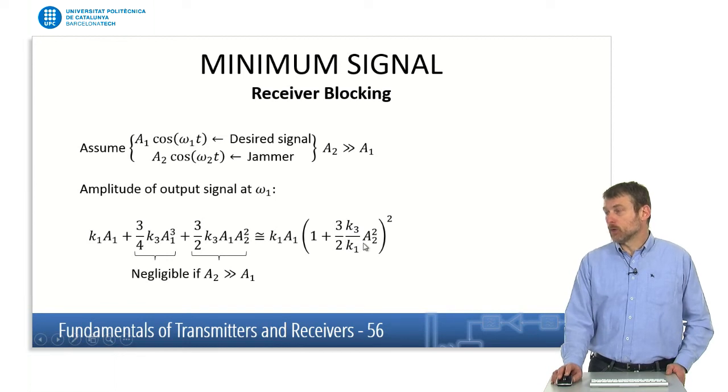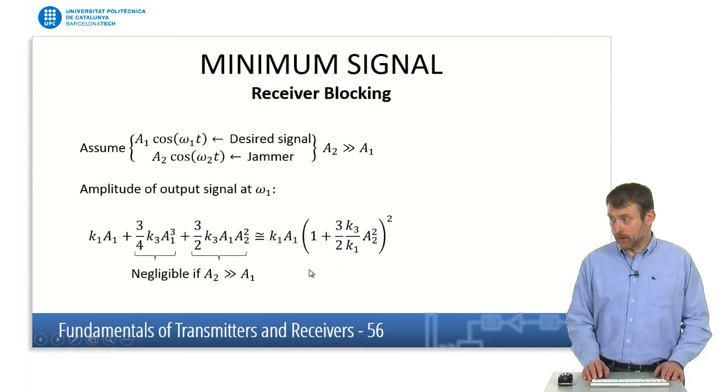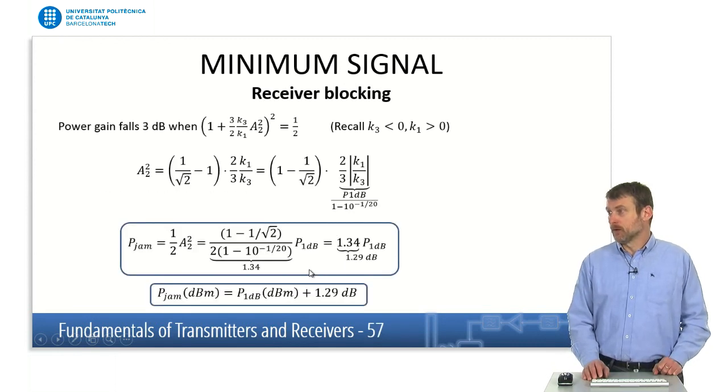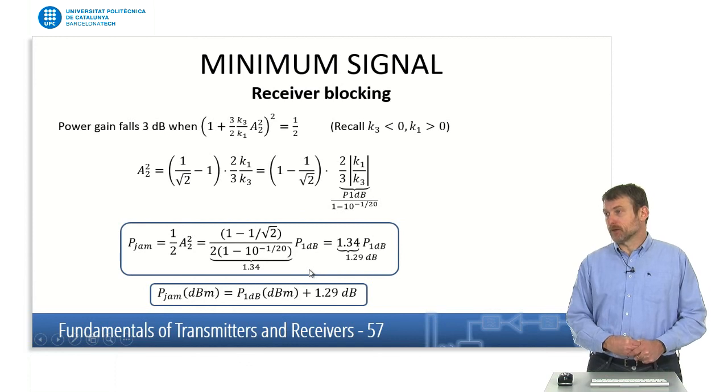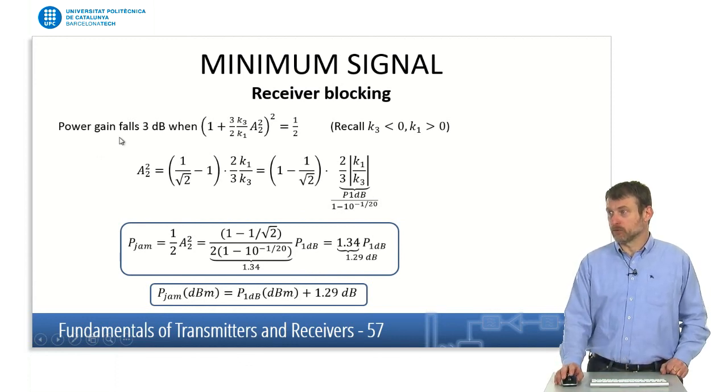So what will happen is that as A2 is increased, this amplitude will decrease the overall power of the signal at frequency omega 1, and that might give us problems in our receiver. So let's, for example, examine when the power gain falls 3 dB.